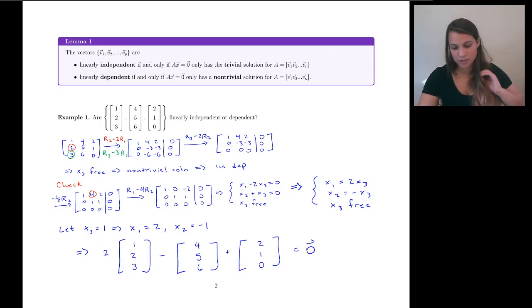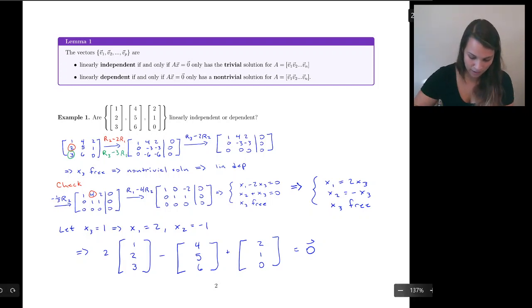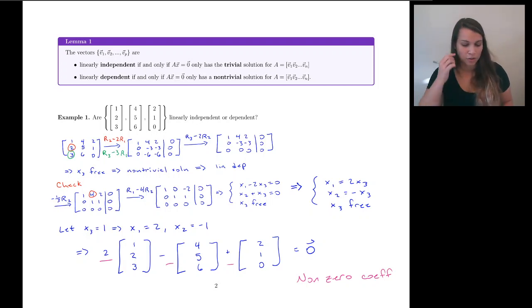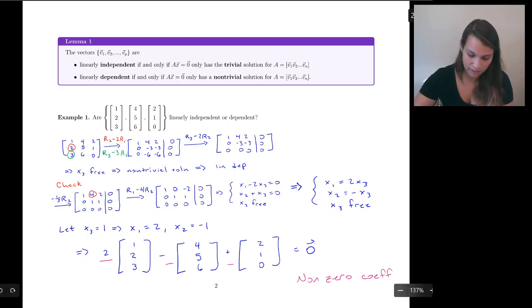And if we substitute that back in, indeed, we have found non-zero coefficients. And we've still got 0 on the right-hand side. So that means the trivial solution was not the only solution, therefore linearly dependent, just as we said.